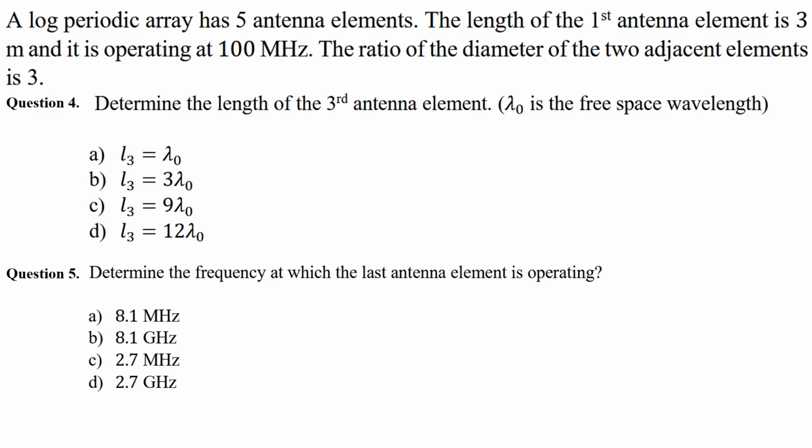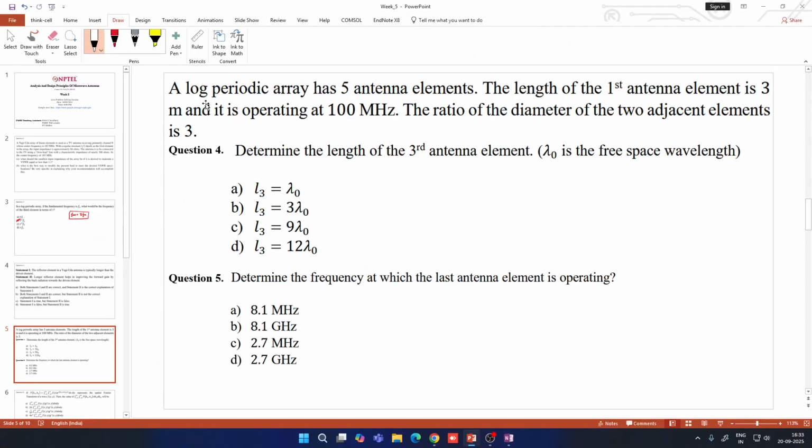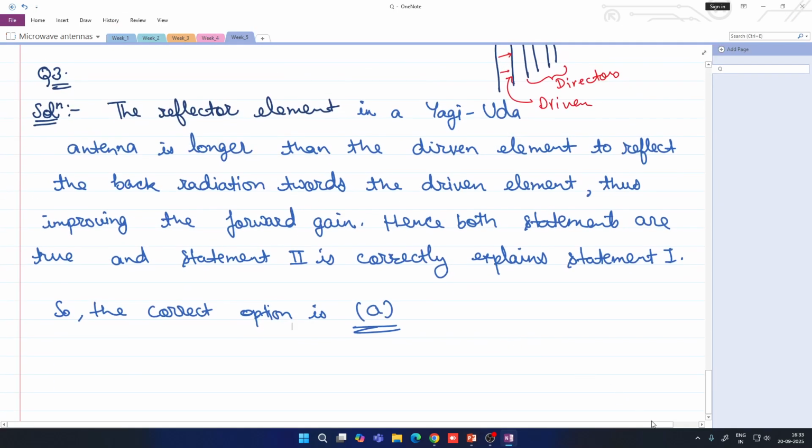So the ratio of the diameter, an plus 1 divided by an, is given as 3. We have to determine the length of the third antenna element in terms of lambda naught. First element length is given as 3 meters, and now we have to find the length of the third element for a log periodic array which has 5 antenna elements. I hope the question is clear.